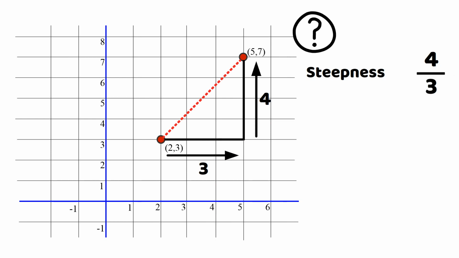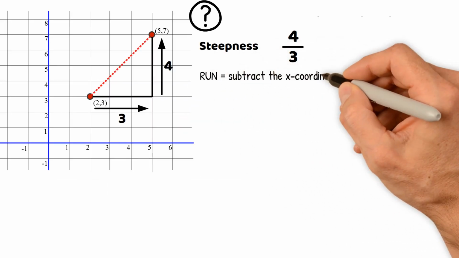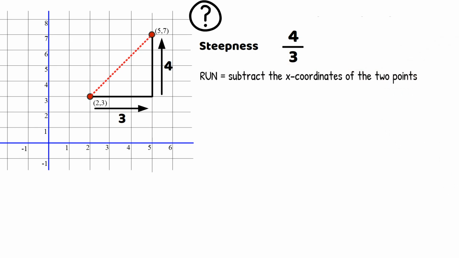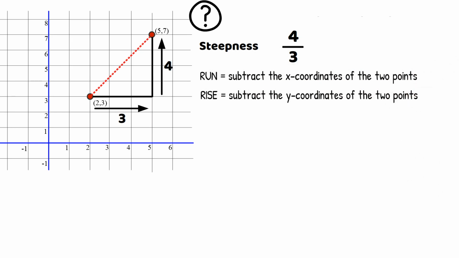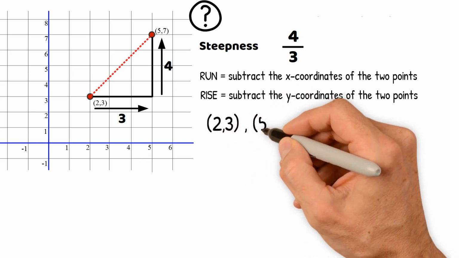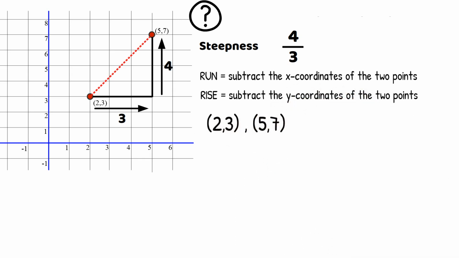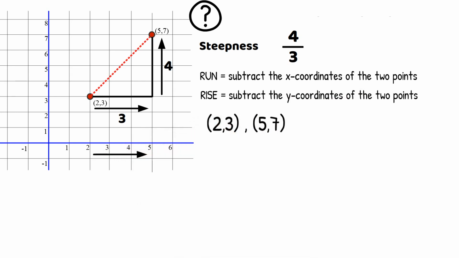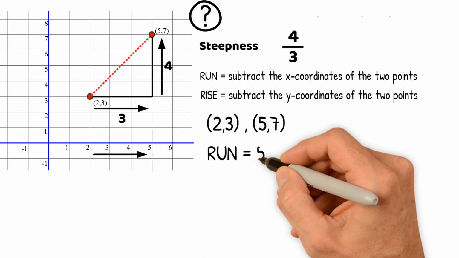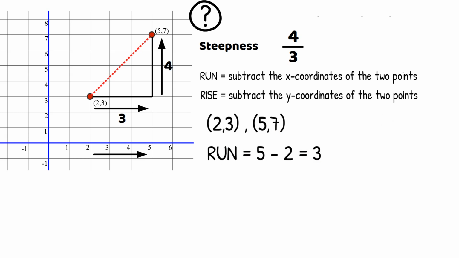In general, to get the run, we subtract the x-coordinates of the two points. And to get the rise, we subtract the y-coordinates of the two points. Note in our example above, the two points are (2, 3) and (5, 7). The run is the horizontal distance, and since we start at 2 and move to 5, we travel 5 minus 2, or 3 units.